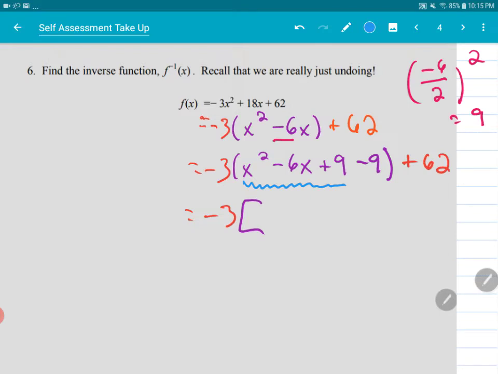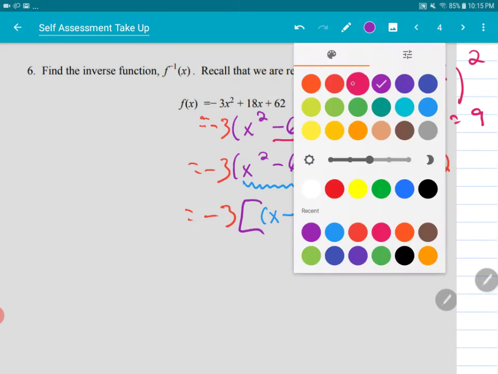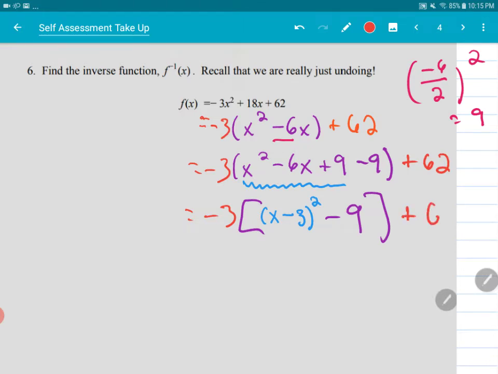From that factoring, we get the square root of the first term, which would just be x. The sign of the middle term, and the middle term is negative 6x, so the sign is negative, so we keep that. And the square root of the third term, so the square root of 9 is 3. And that goes in brackets squared. And we end up with negative 9 still hanging out there, plus 62 at the end.